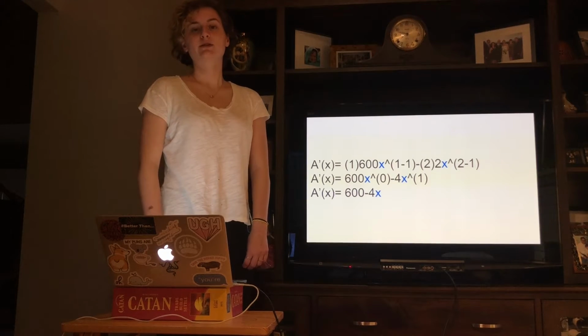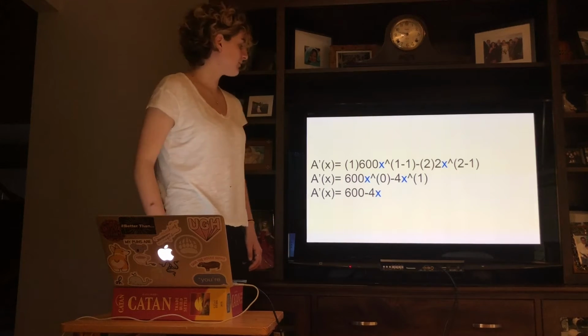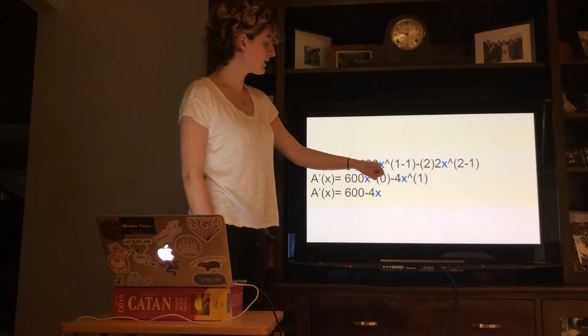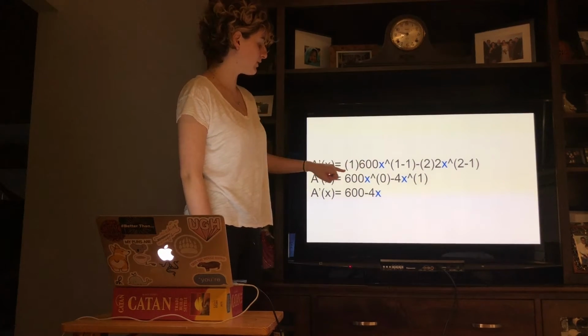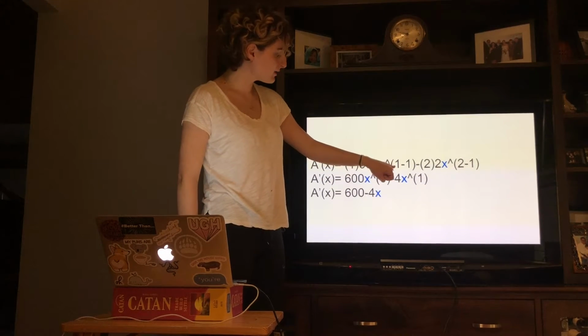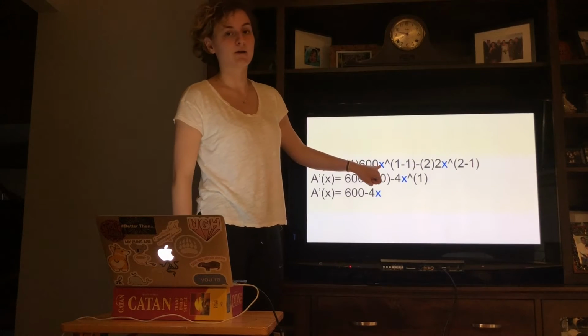So now we take the derivative of our area equation. So we take the exponent that was on the x, multiply it out here, so we get 1 times 600, and then we subtract 1 from the exponent of this x.